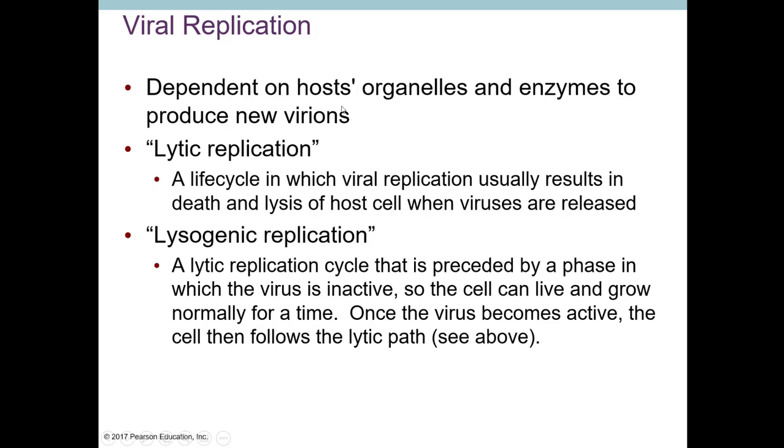Now, when a virus replicates, it's going to enter a host cell, and it's going to use the host cell's own organelles and enzymes to make a lot of new virions. So reproduction is exponential, it's logarithmic, but it's much faster than bacterial reproduction.